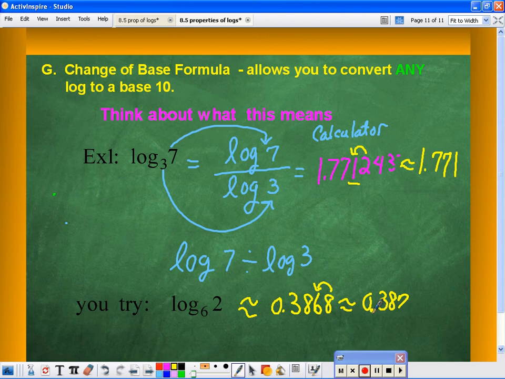Now, if you've got an answer of 0.409965, you need to be real careful when you're using the log button on your calculator, that you close out those parentheses right after the log, and that's the reason why you got the wrong answer. We can talk more about that calculator work tomorrow.